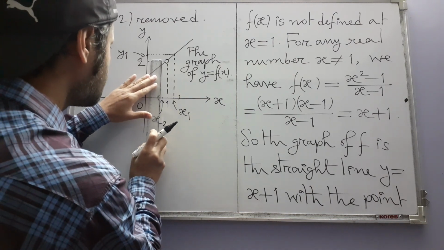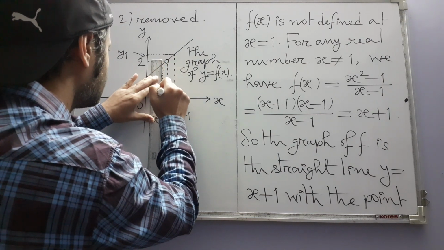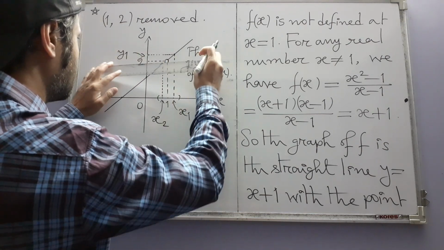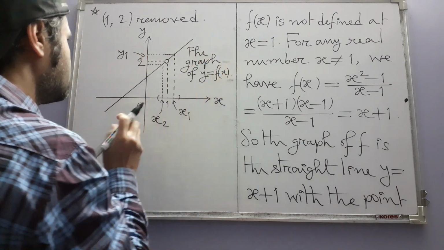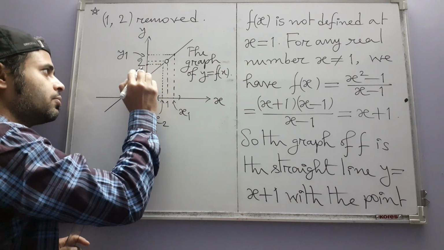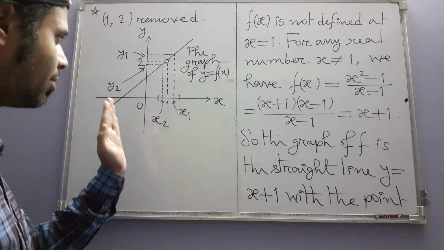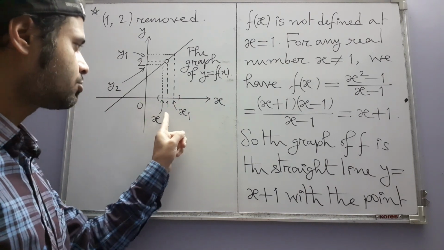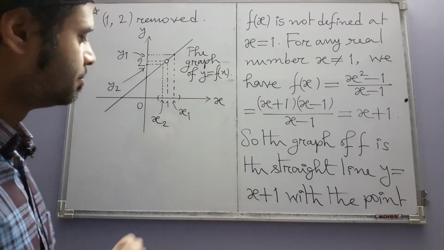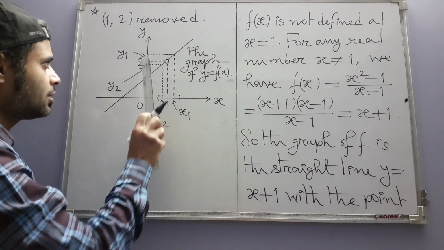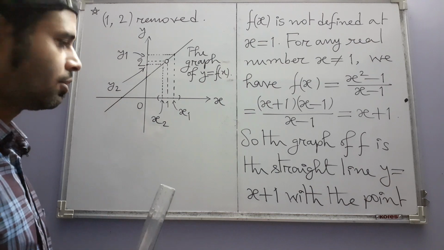Then corresponding to this point also we would get a y value, which again would come from the graph. So this point is, say, y2. So whenever our x value is close to 1, no matter on which side of 1 it is lying, the y value also, whether it is less than 2 or greater than 2, will also be close to 2.